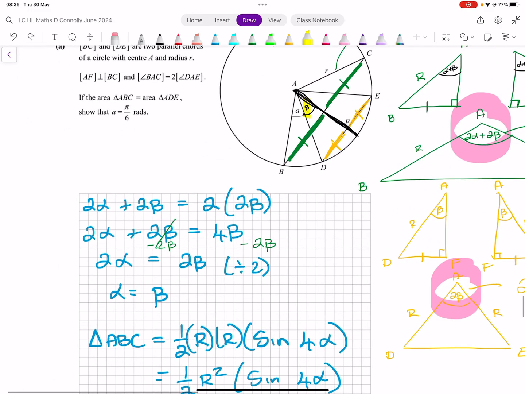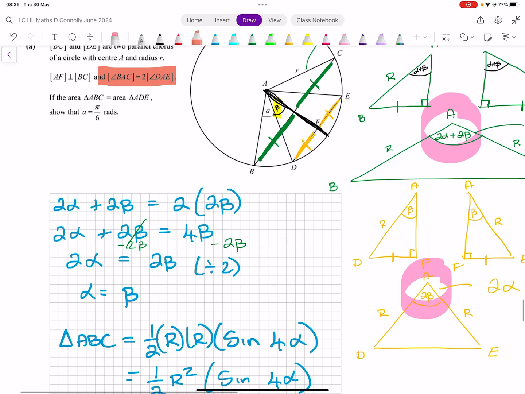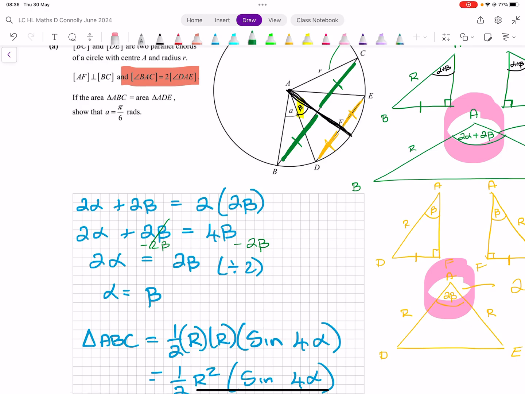I did a little bit of maths over here. So it said, I think it was this piece of information, angle BAC, which is the big one, is twice angle DAE, which is the angle in the green triangle, and that's equal to twice the angle in the yellow triangle.